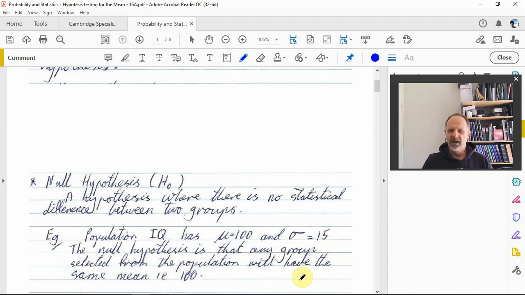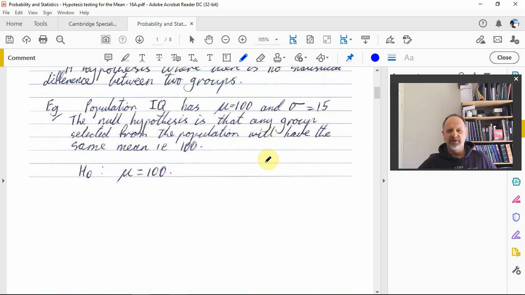So for example, for our special maths class, the null hypothesis says the mean IQ of the people in our special class is exactly the same as the population. That would be the null hypothesis.